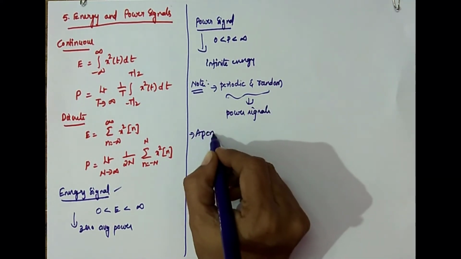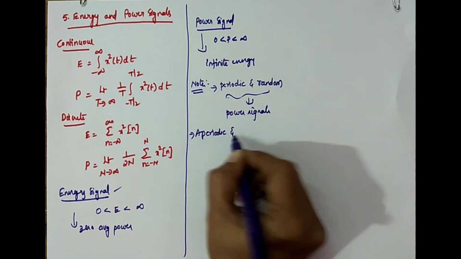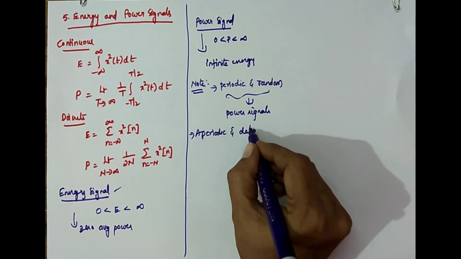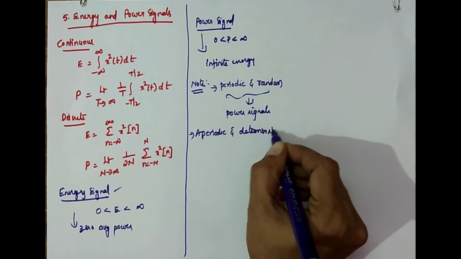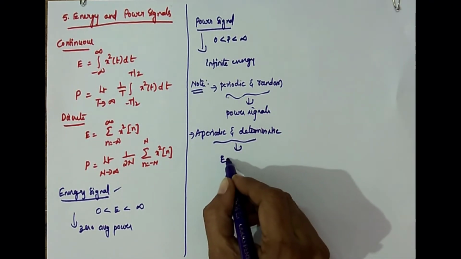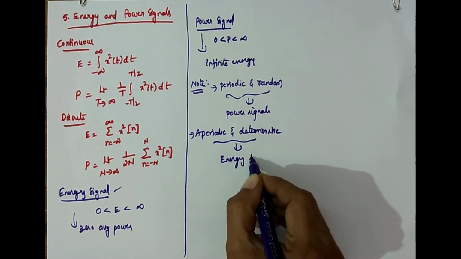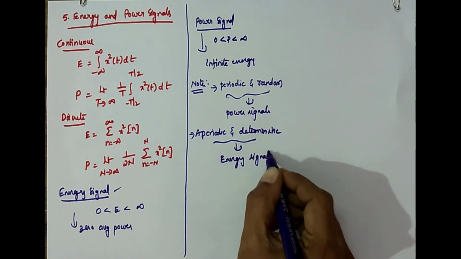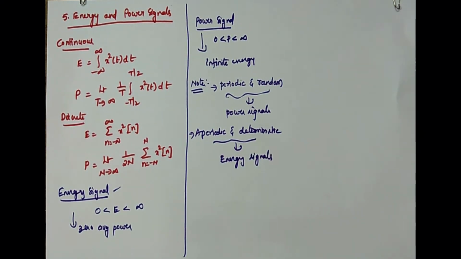Similarly, aperiodic and deterministic signals come under energy signals. It means for periodic signals we can find the power, and for aperiodic signals we can find the energy.